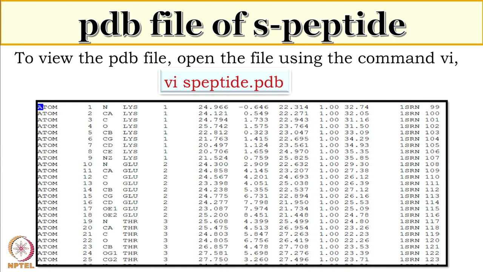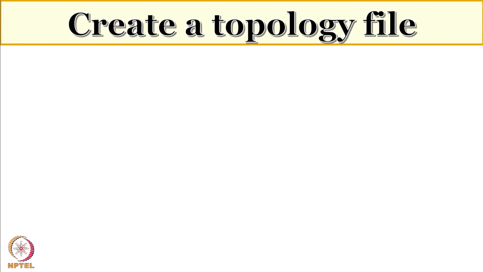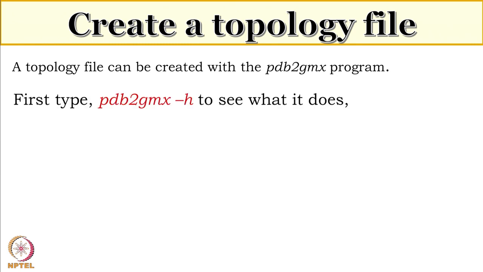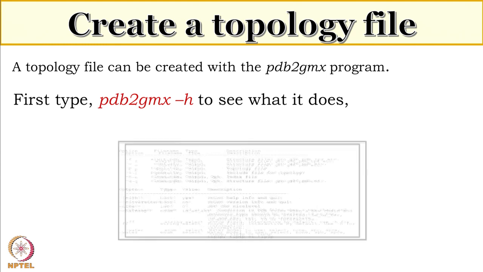After viewing the PDB file, we'll create a topology file using it. To create a topology file, we'll use the command pdb2gmx. First we'll type pdb2gmx -h, the help command, to see what the command does.